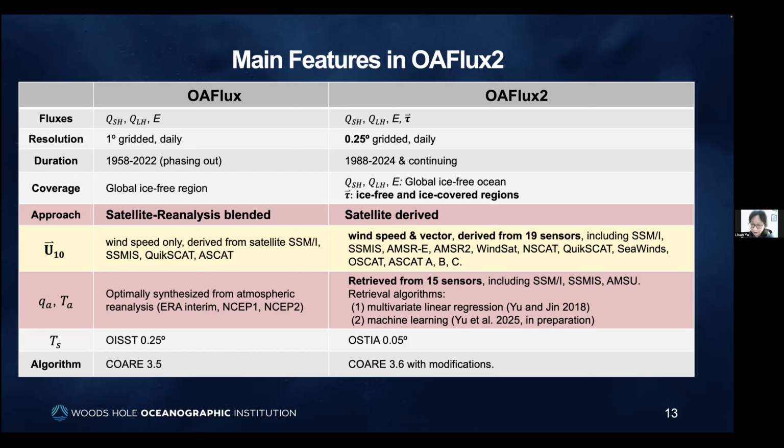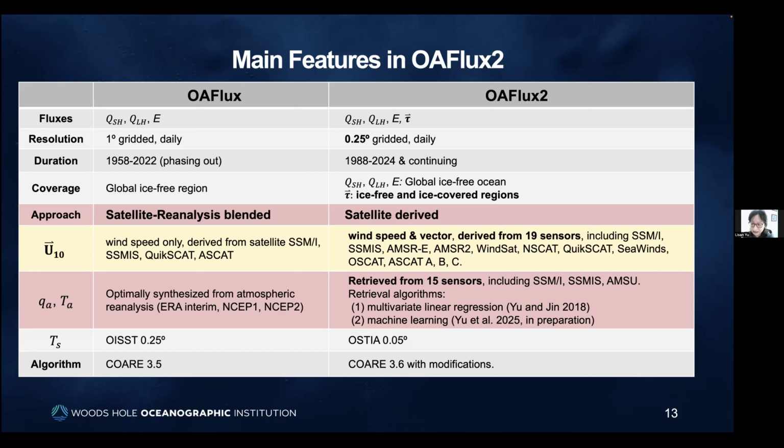For QATA, the previous version was based basically on the NWP models. For this version, we retrieved from 15 sensors. Our retrieval algorithm includes two methods, linear regression and also machine learning. We are refining and consolidating the machine learning and trying to finalize the data this summer.